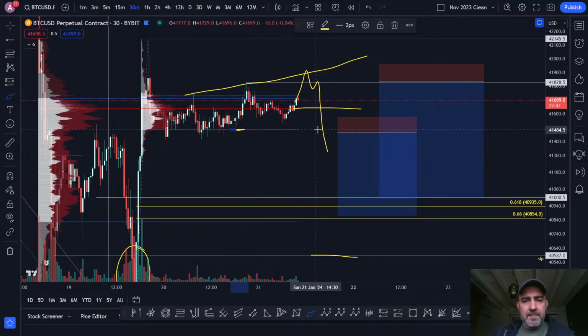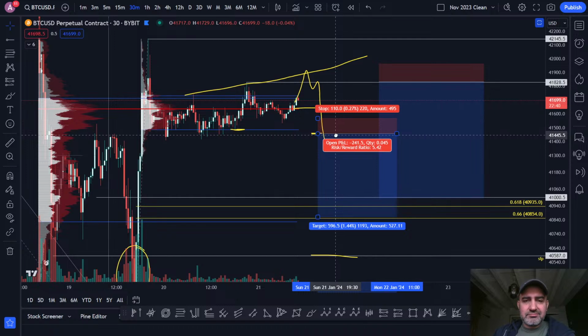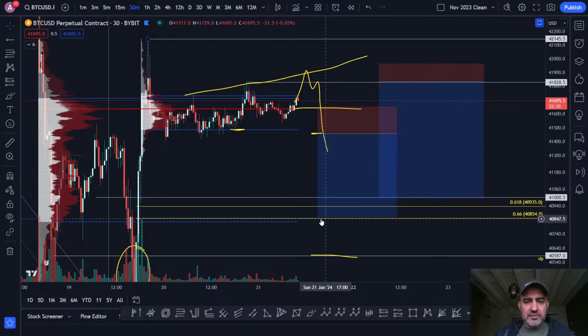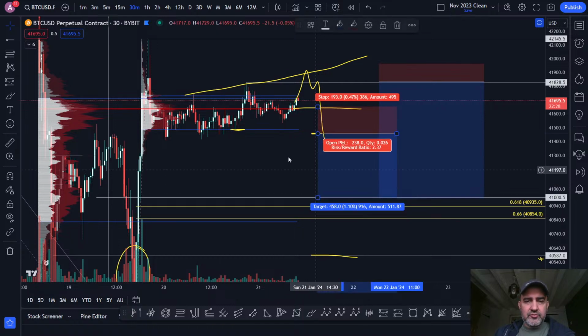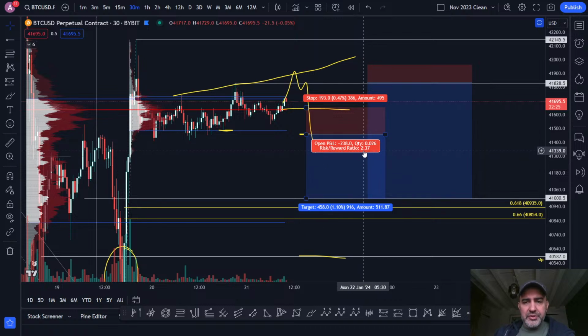So you get a close underneath here, and I think you don't expect the price to come back above the POC. That would be the limit of your invalidation, and you're still getting a good risk to reward on your trade. You're looking at a 1 to 2.37 according to this.